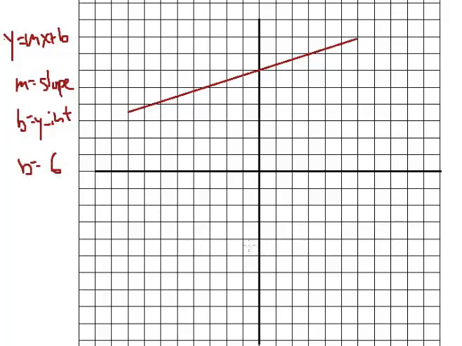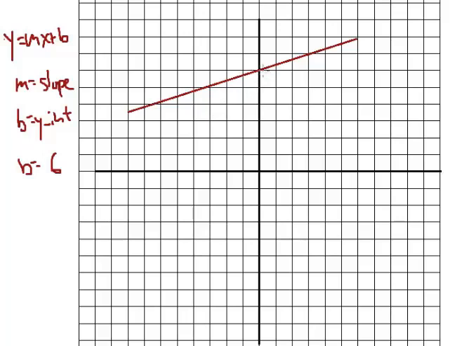The next thing that is important is the slope. The slope is sometimes known as the rise over run. How far does the line go up for every box that it goes rightward? In other words, how many y's does it go up for every one x? In this case, we can figure this out many different ways.